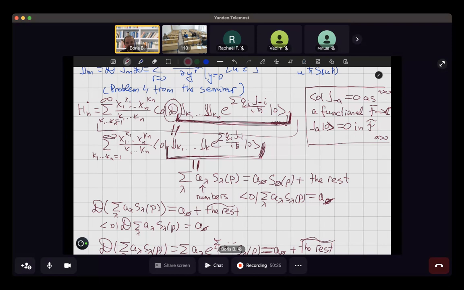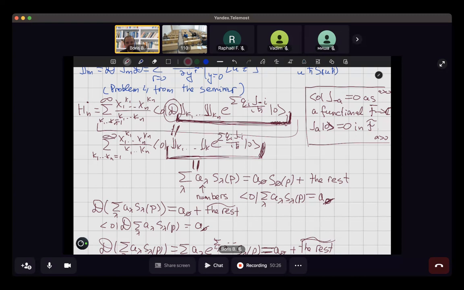So what is the formula? Final formula. So we have product of n multipliers of the following type: U_k^H of U_k^H.